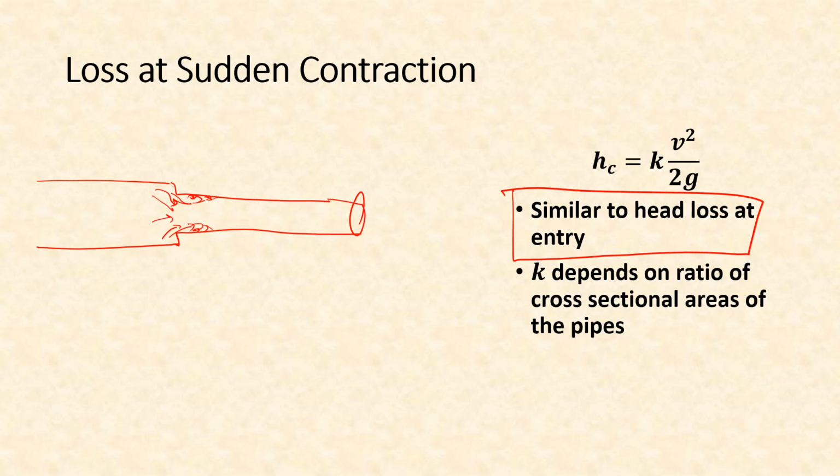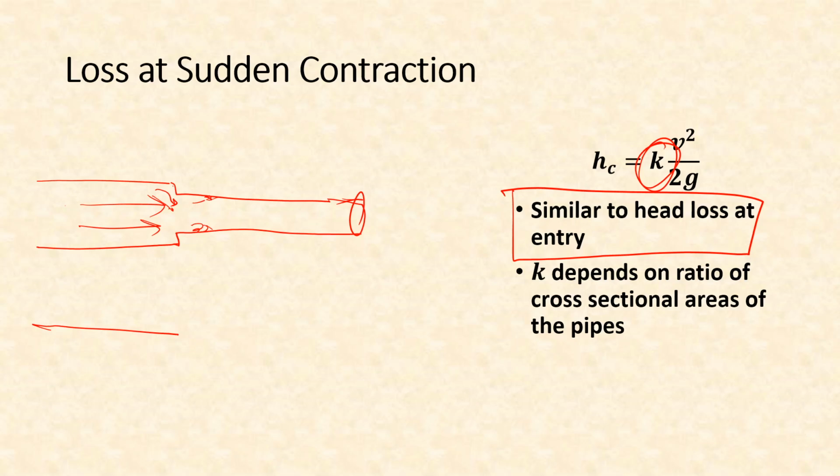Now the situation will not be as bad, because many of the flow lines were already flowing in this direction. So this K value will be slightly smaller than whatever it was for the loss at entry from a reservoir, but still it will be there.